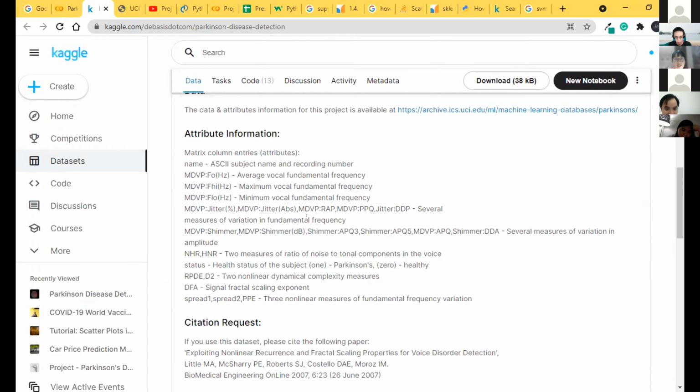They put people through a test about the voice, because one of the symptoms is that Parkinson patients talk slower and have fluctuation in voice pitch, maybe something like that.